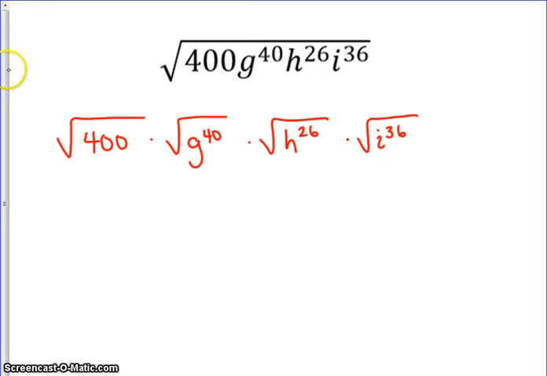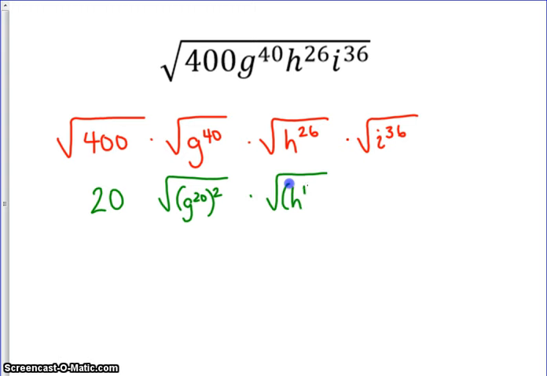All right, so now what we're going to do is work on each piece. The square root of 400 is 20. The square root of g to the 40 is g to the 20 to the 2nd power. The square root of h to the 26 would be h to the 13th to the 2nd power.